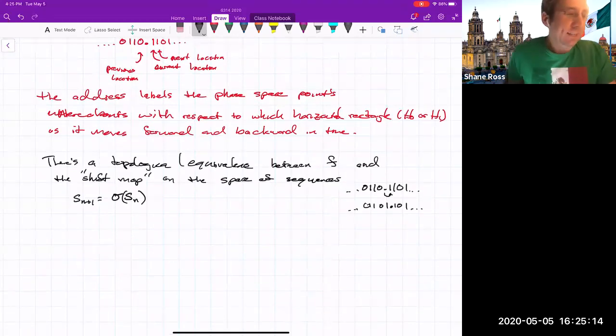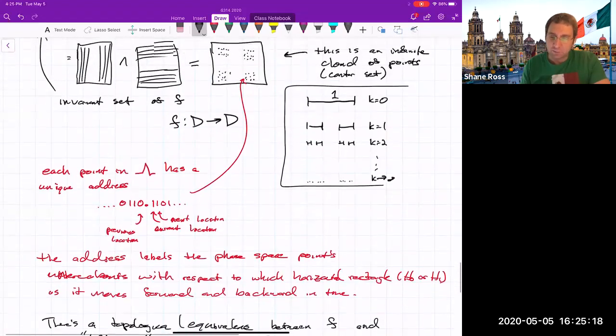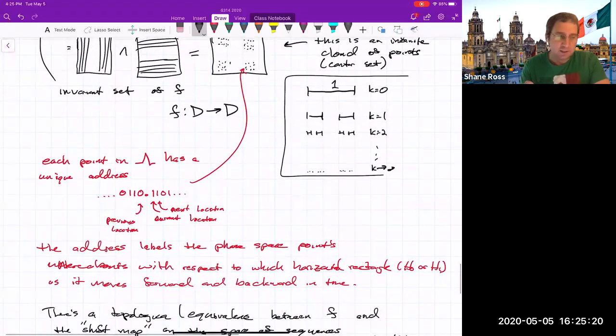And you can have two nearby phase space points that might be very similar in their sequence, but then after a while they will diverge. And so this is related to the idea of chaos. If you have two initial conditions which are very similar, then they may have similar behavior for a while, but then of course they will diverge.